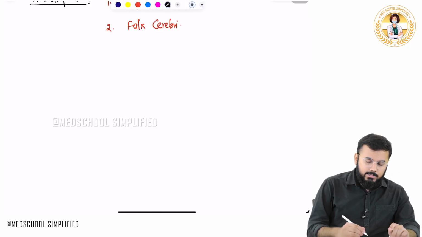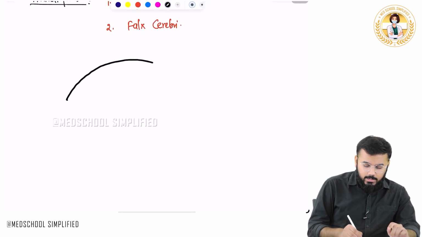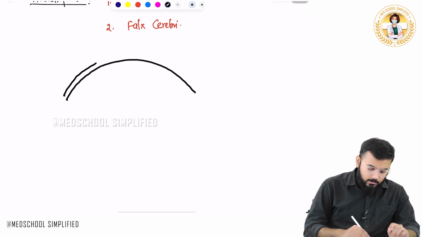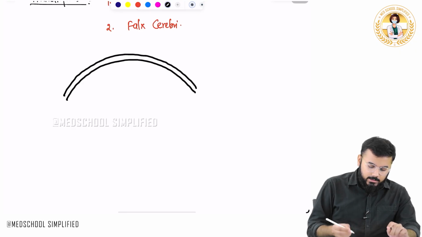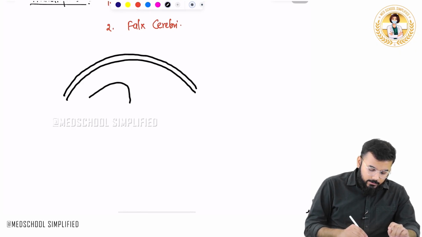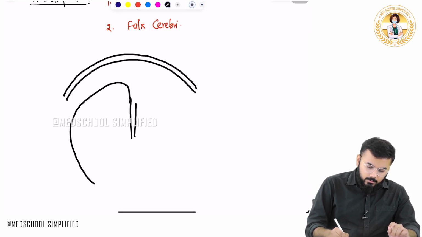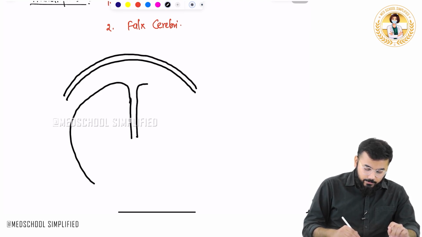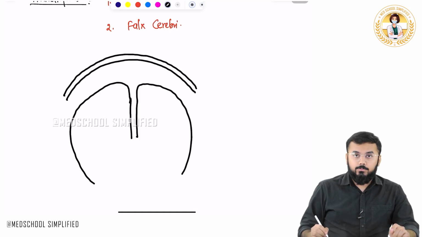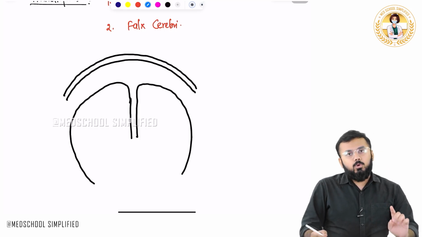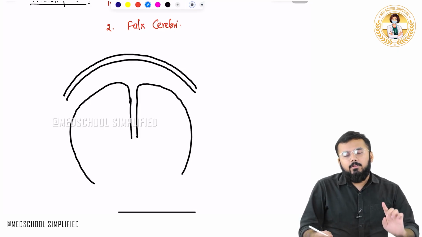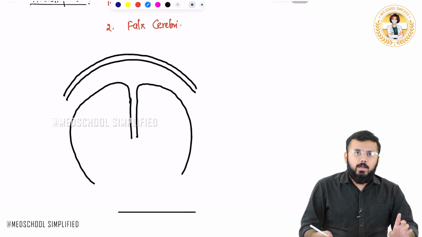So for example, let us say this is the cranial cavity. Let us also say that this is the surface of your brain. All of you know that we have the dura mater, in the middle the arachnoid mater, and inner the pia mater.